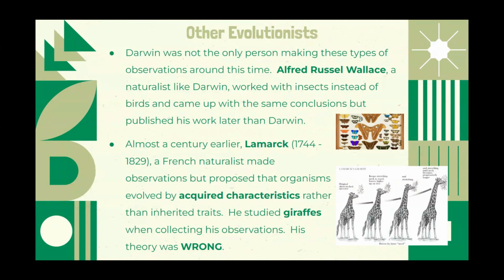But they grew their necks longer because they needed to get food. And they did that over their lifetime. The big takeaway from this is that we now know Lamarck is wrong. And Darwin and Wallace helped finalize that by replacing acquired characteristics with inherited characteristics instead.